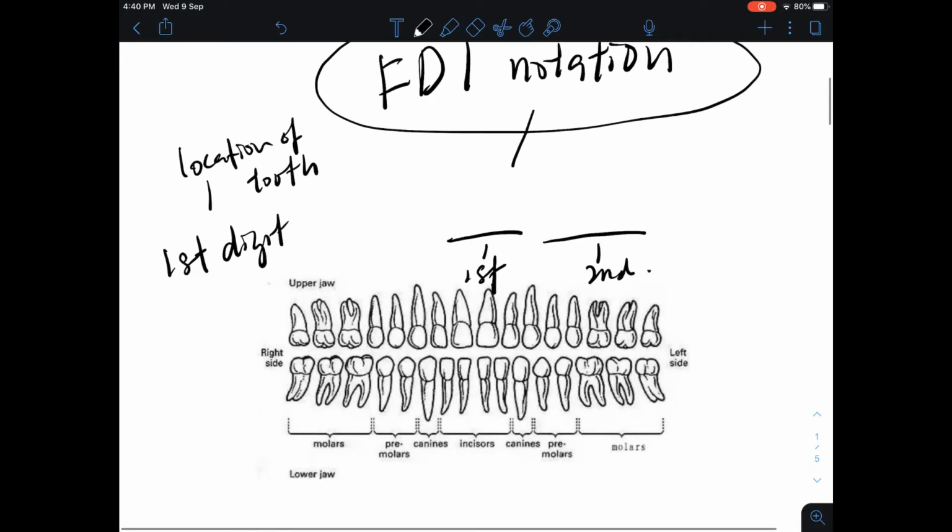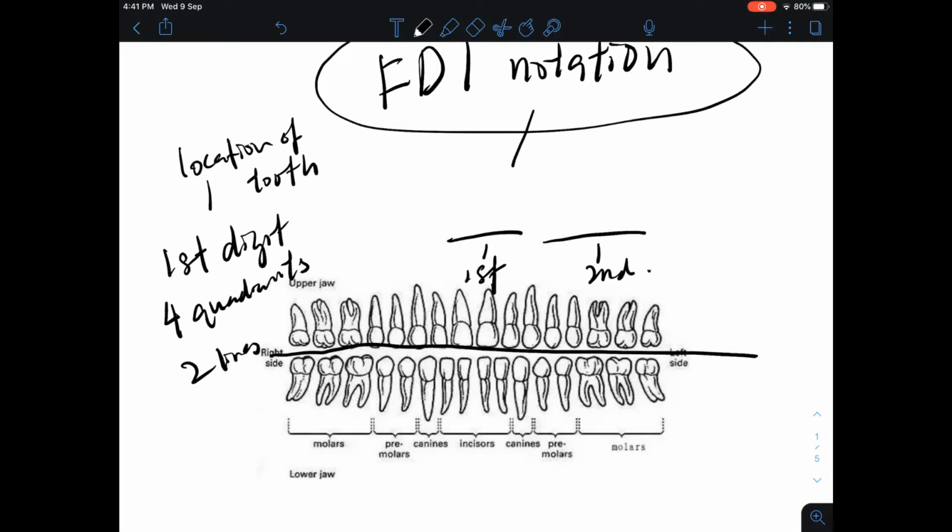Okay, so when you look at the person from the front, you can divide the person's oral cavity into 4 quadrants by drawing 2 lines. The first line divides the upper jaw and the lower jaw, and the second line at the midline divides into left and right, so that will make 1, 2, 3, 4 quadrants.